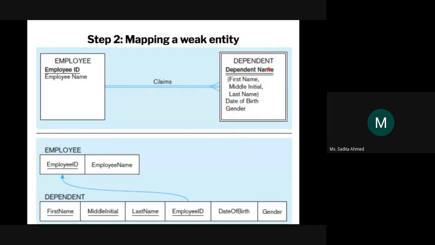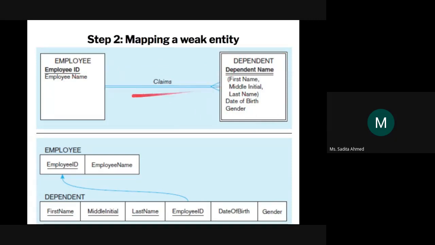If you draw a weak entity, the relationship line with the strong entity it depends on will be a double line, as you can see here, to identify the weak relationship, to show us which strong entity the weak entity depends on. The dependent weak entity depends on the employee strong entity. How do we know that?